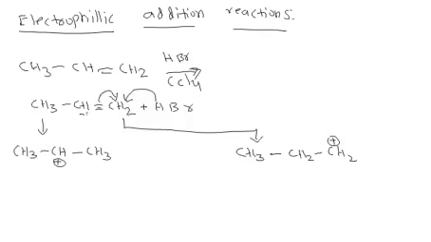Here one is a secondary carbocation and the other is a primary carbocation. Which is more stable? Secondary is more stable than primary.